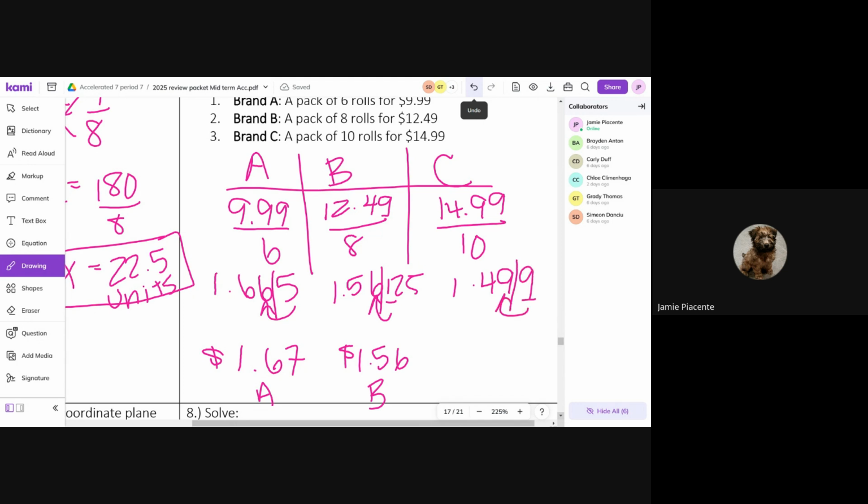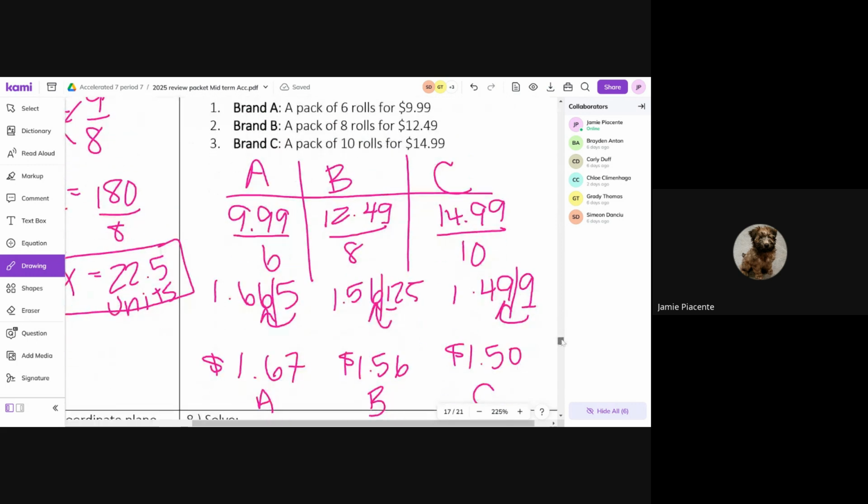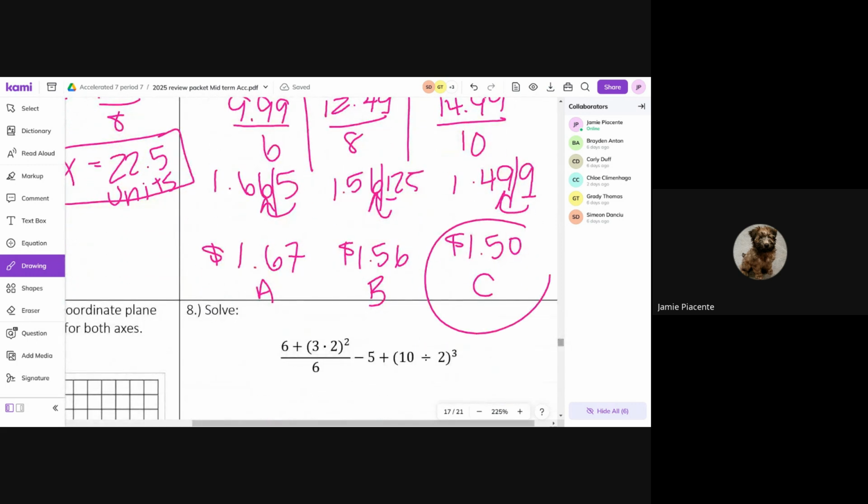We round that, so it makes it $1.50. So here is C. Now, which of these is the better buy? C is the better buy.